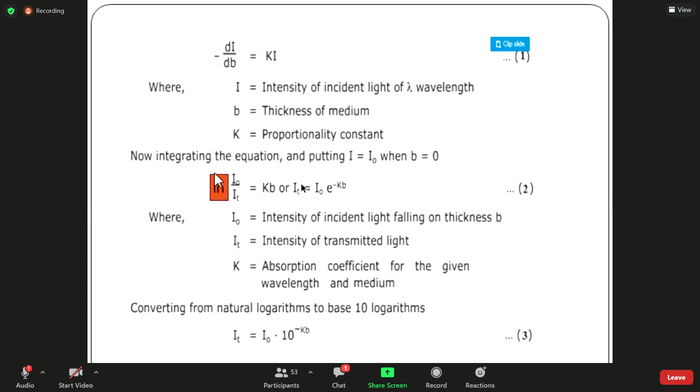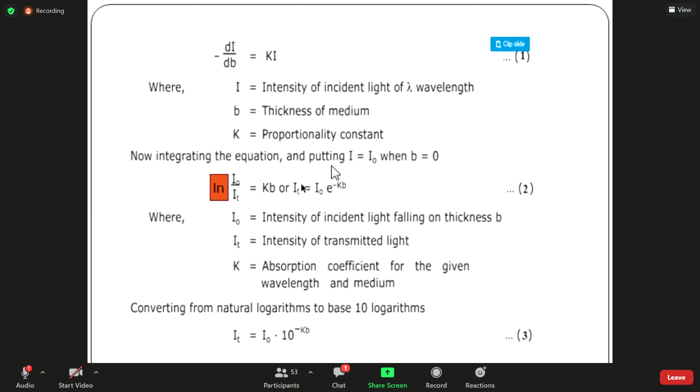If you integrate, obviously there will be ln of I naught by IT equal to k into b, or you can write this in exponential form: IT equal to I naught e to the power minus kb.